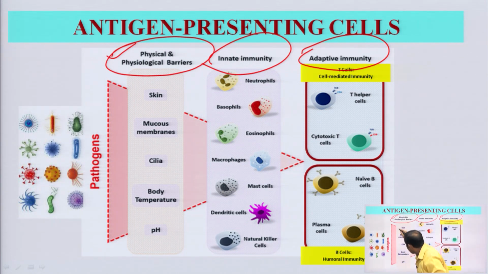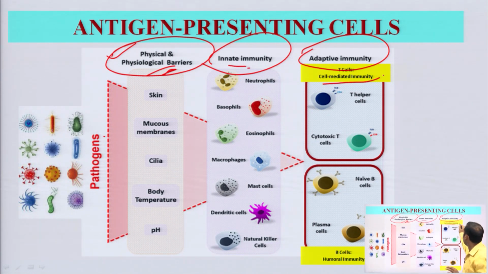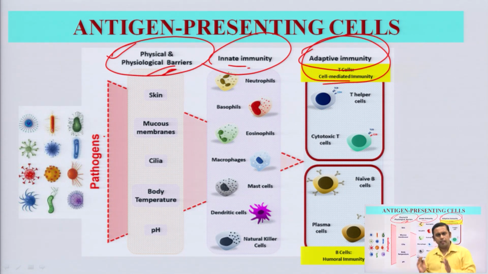At first the first line of defense comes into the picture. If it is not able to stop the viruses, bacteria or pathogens, then the second line of defense comes into the picture. If that fails, then the third line of defense takes over and saves your body from the viruses.